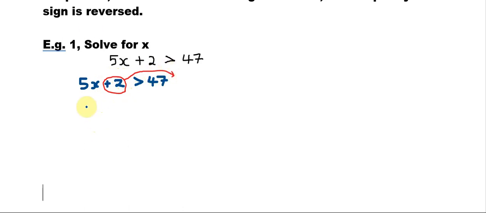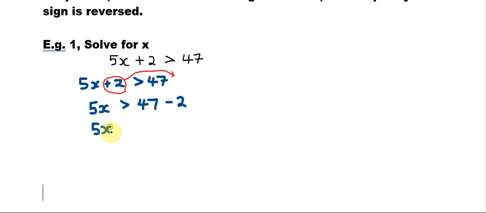You would remember from solving equations that when we transpose an addition of 2 to the right hand side, it will become the opposite operation, which is subtraction of 2. So we will have 47 and we will subtract 2 since the operation becomes reversed.